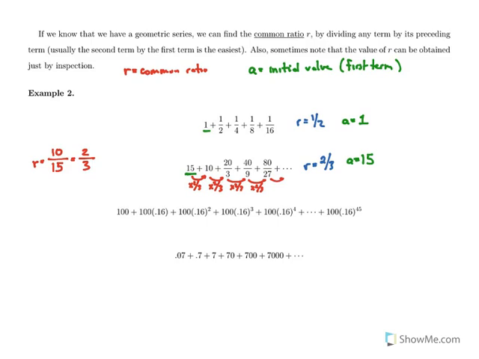All right, so the next one here looks different. We have 100 in each term. We have 0.16 in most of the terms, raised to different powers. Let's verify what the r value is here. If we take the second term and divide it by the first term, we get 0.16. And that's exactly what's going on here: we are multiplying 100 by 0.16.